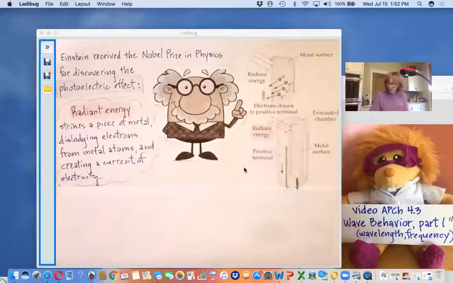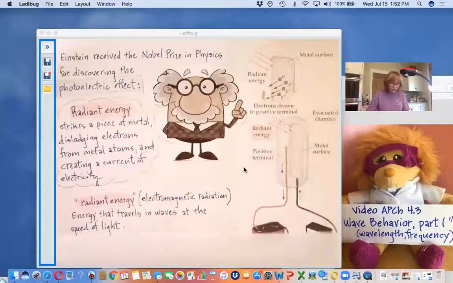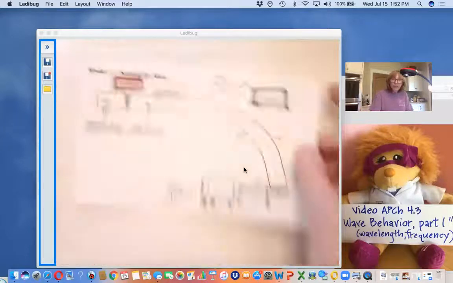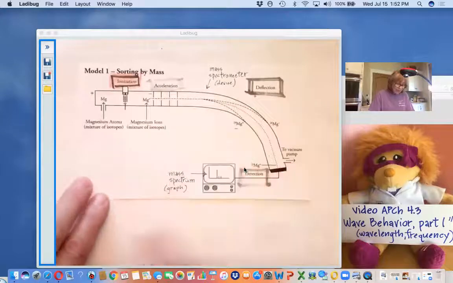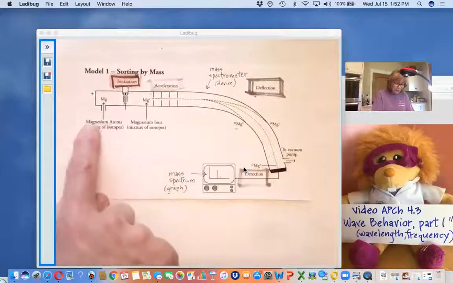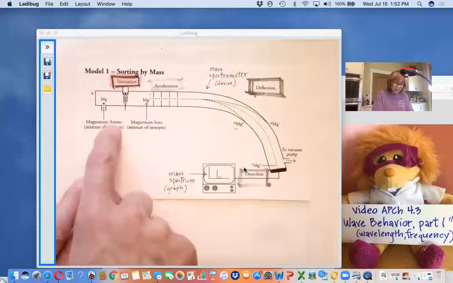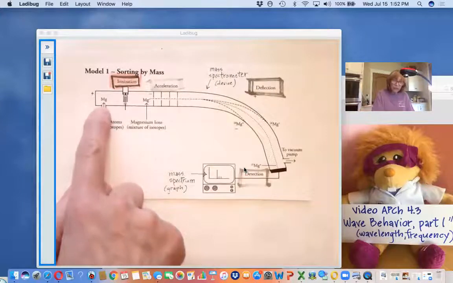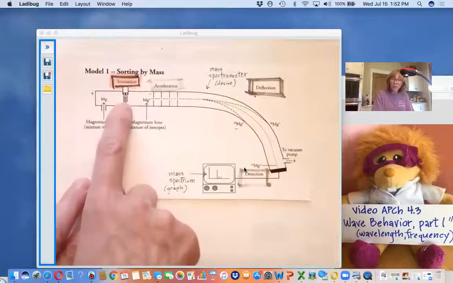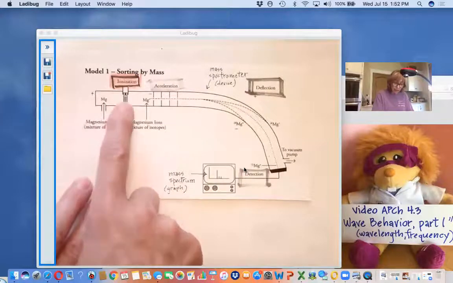That may sound just a little bit familiar to you because in an earlier video, a few days ago, we looked at the workings of the mass spectrometer, and I showed you that at the very beginning of this spectroscopy process, neutral atoms are inserted into the device and then they're bombarded by ionizing radiation.